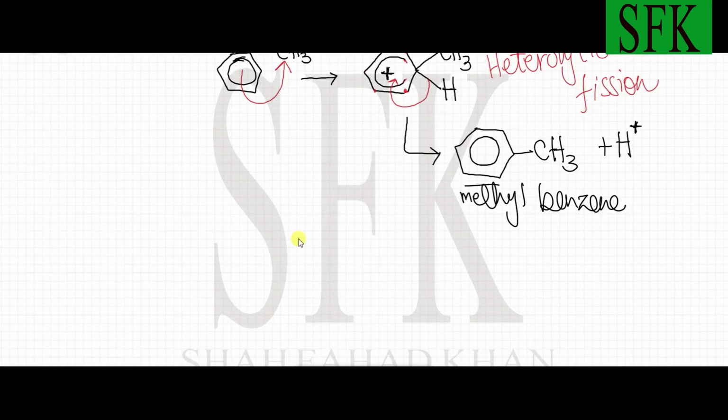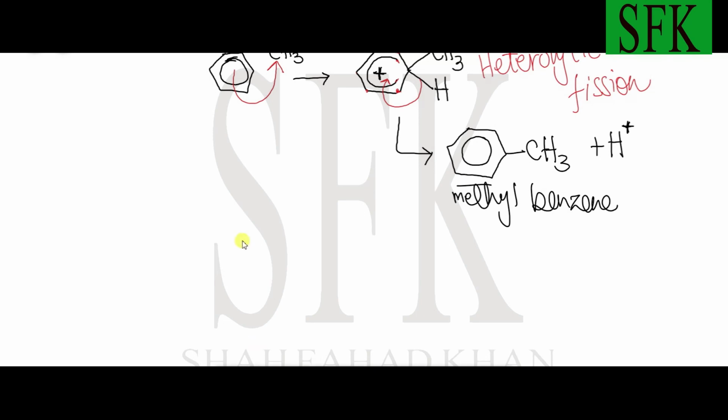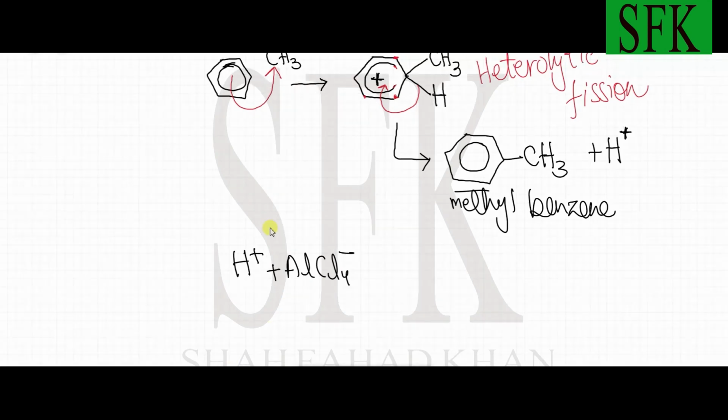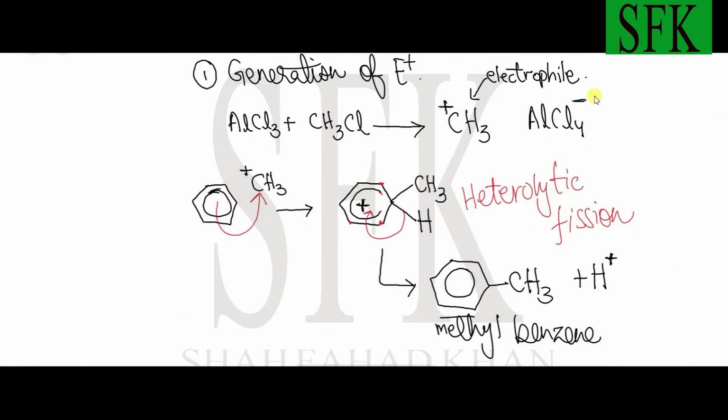and the hydrogen atom that we have will combine with AlCl4 negative that came initially over here, AlCl4 negative that came as a byproduct while generating this electrophile.